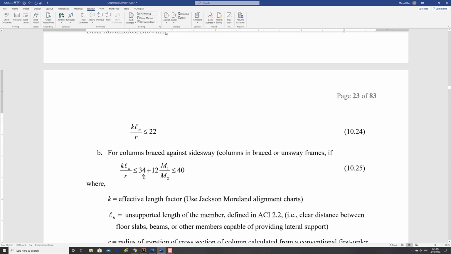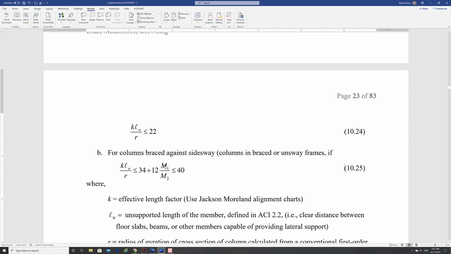So there is no single number. All we know is that it cannot exceed 40, okay? But it depends on the moments that you have at the ends of the column. So you need to know your moments at the ends of the columns, and that will then dictate the number.